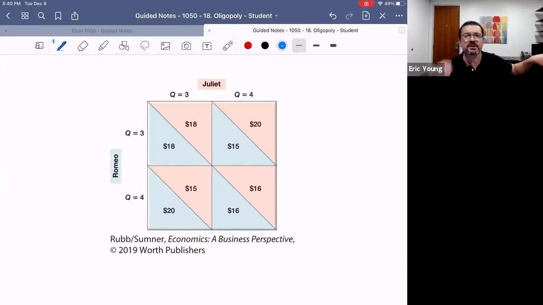Let's put all this knowledge together. Let's make this box 1, box 2, box 3, and box 4.